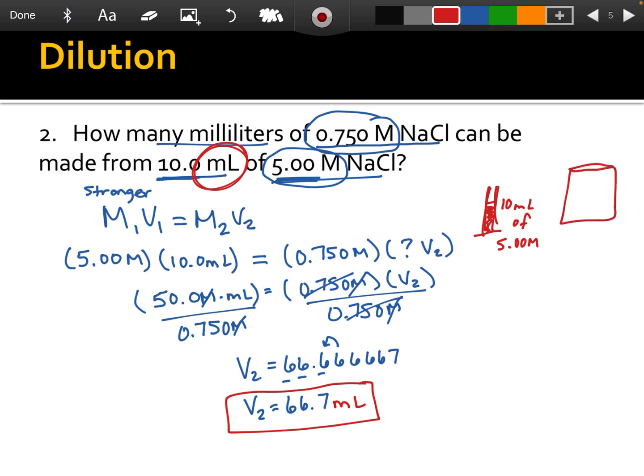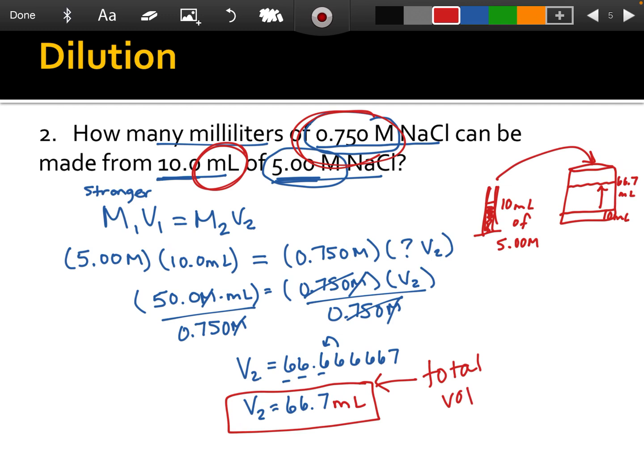And then once we pour those 10 milliliters into the beaker, in order to make this solution a 0.75 molar solution, we'd have to add water until the total solution got to 66.7 milliliters. So we'd add those 10 milliliters of the stock solution, and then we'd have to add 56.7 milliliters of water to get the total volume to equal our 66.7. And then that would produce a solution that has a molarity of 0.750.